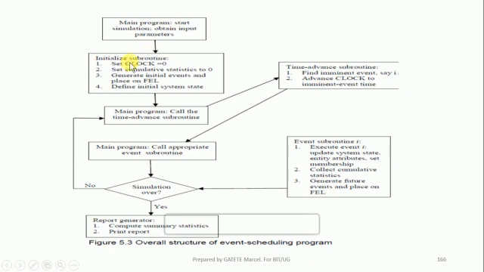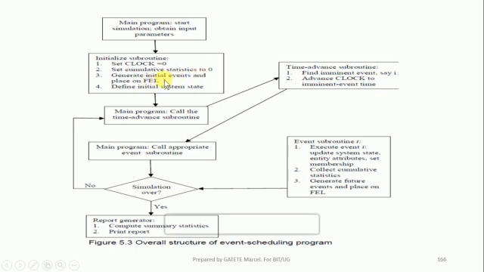After that, it will call the subroutine. To call the subroutine means that we have to set the clock at 0. Then we have to initialize our variables here. They have to start at 0 because nothing happened yet. So we set cumulative statistics to 0 also.